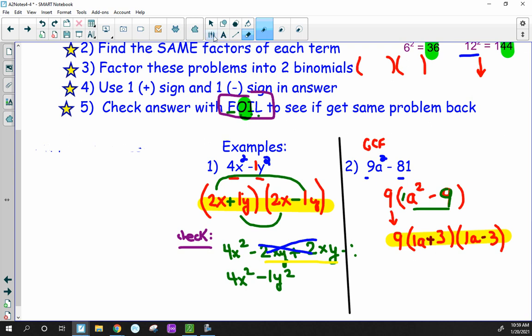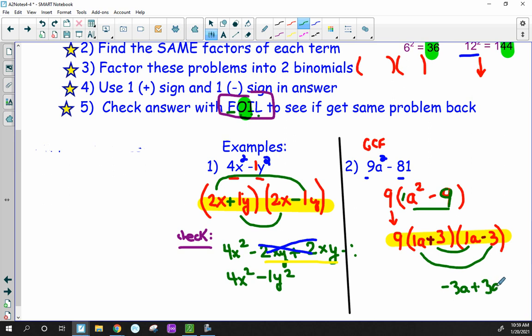I would just do the OI, to see if this times this and this times this show up here. So 1a times negative 3 is negative 3a. On the inside, positive 3 times 1a is positive 3a.